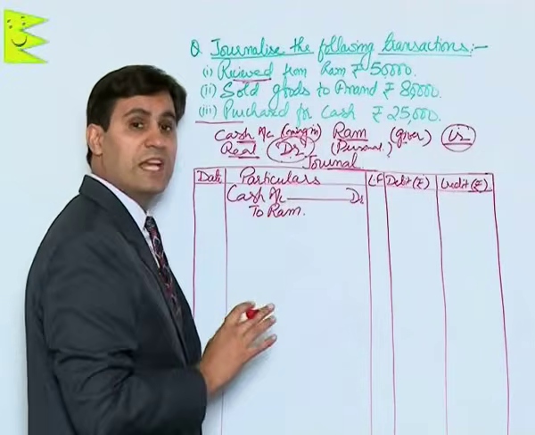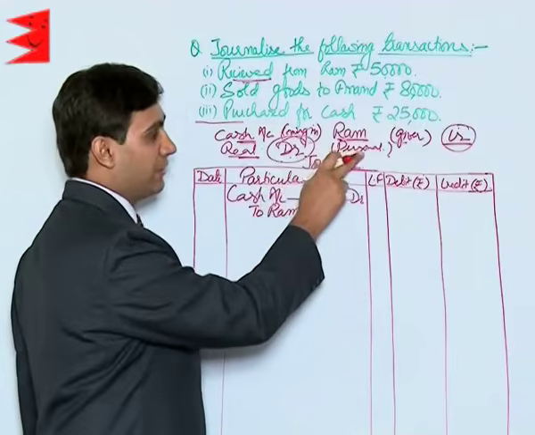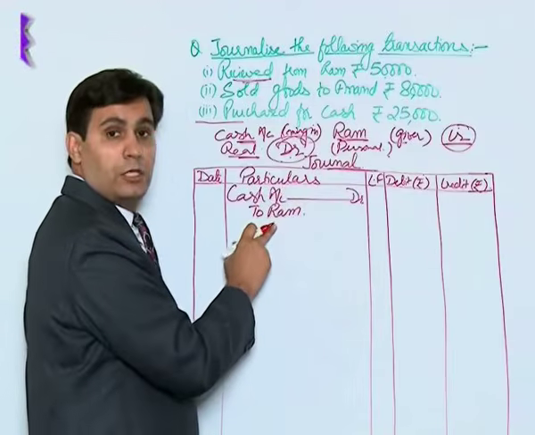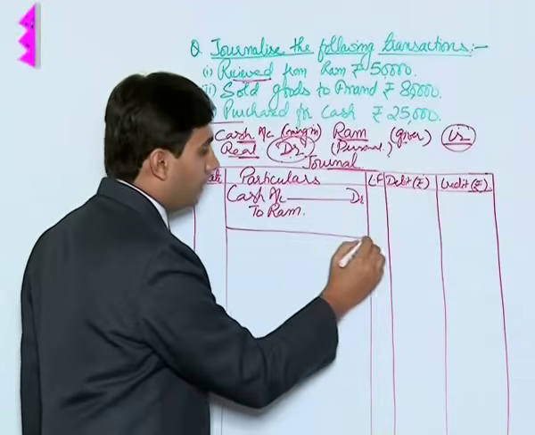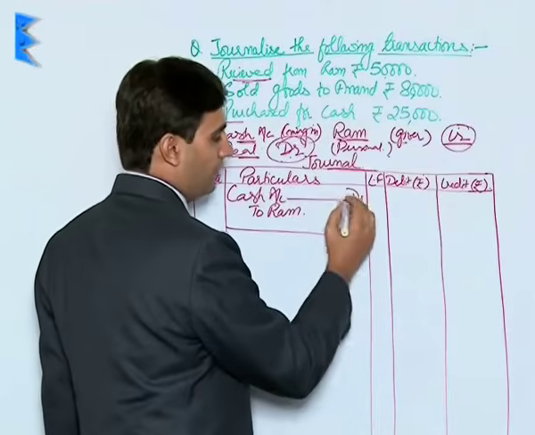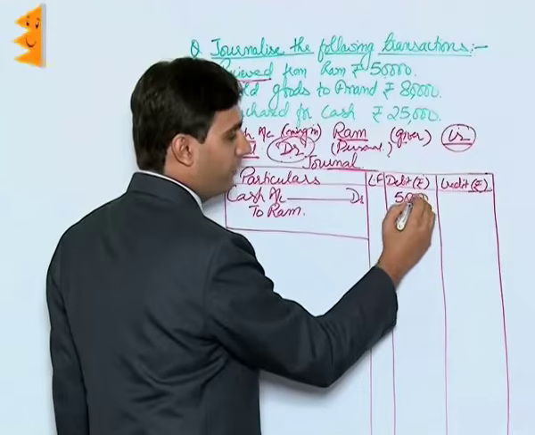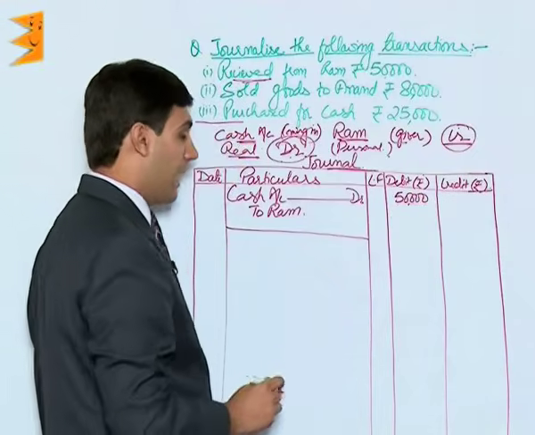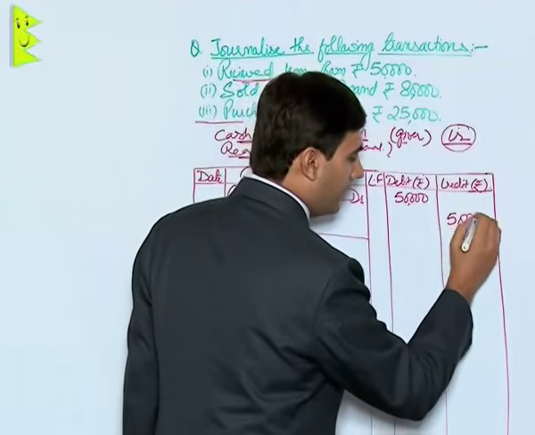That means the account which has been debited will appear on the top and the amount which has been credited will appear at the lower side of the transaction or the entry. Now students, cash account has been debited by rupees 50,000. So in front of cash account, in the debit column we will write 50,000, and in front of Ram, in the credit column we will write 50,000.